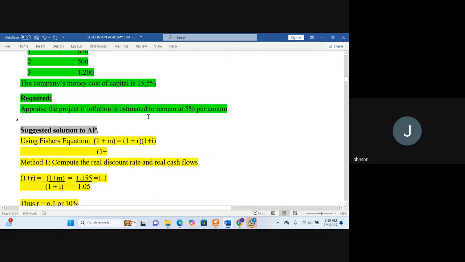So if you divide this by 100, 15.5% divided by 100, what will your answer be? Can somebody tell me? 15.5% divided by 100. Nobody is talking.